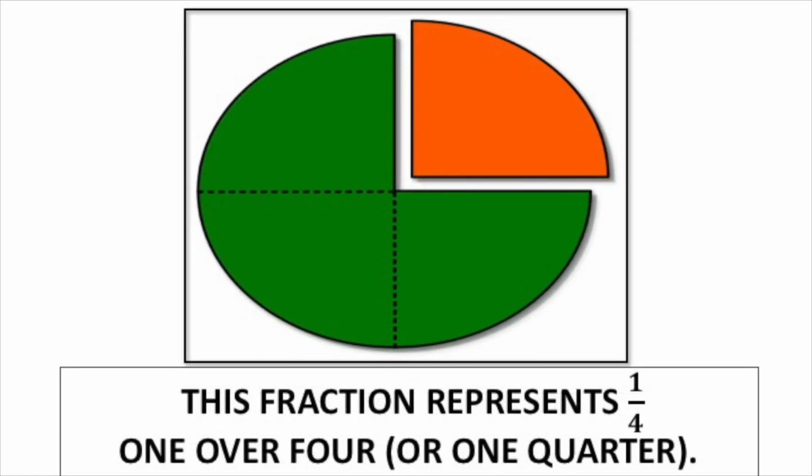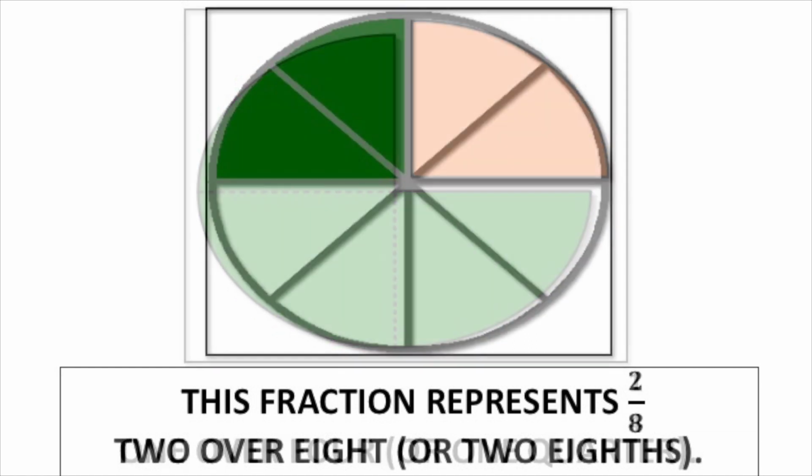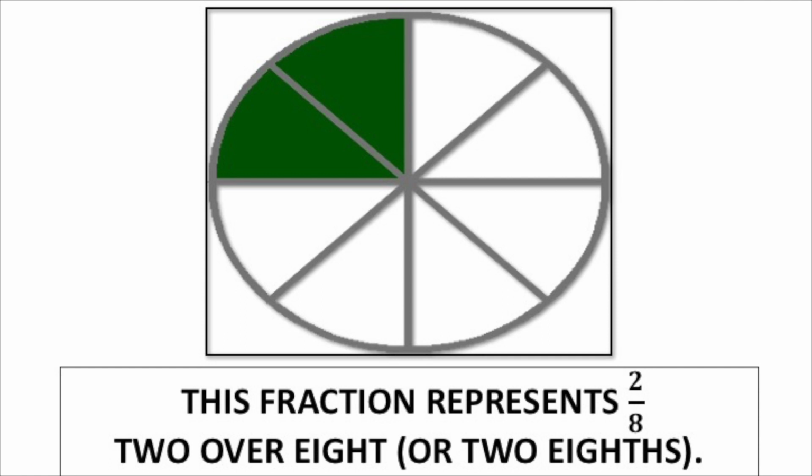You see, this fraction represents 1 over 4, or 1/4. But how about this fraction? How many parts to the circle? 8. How many parts in green? 2. This fraction represents 2 over 8, or 2/8.